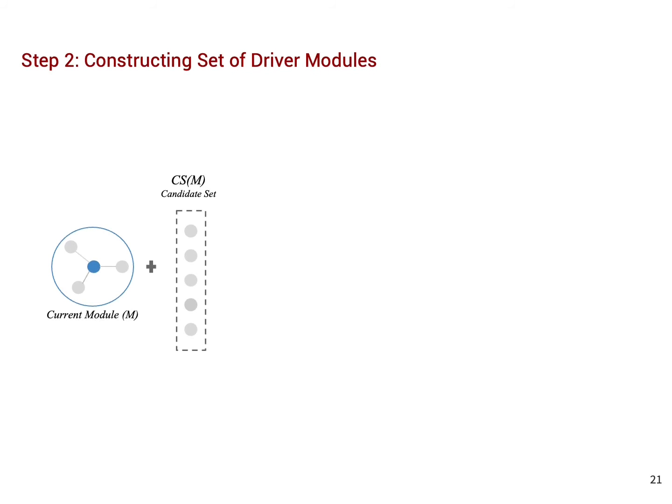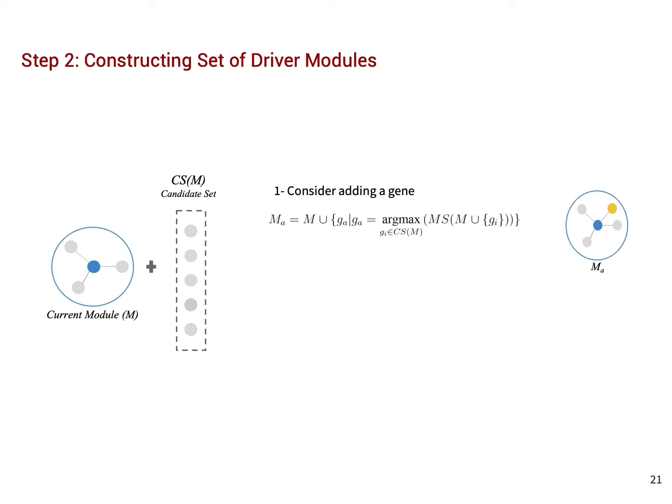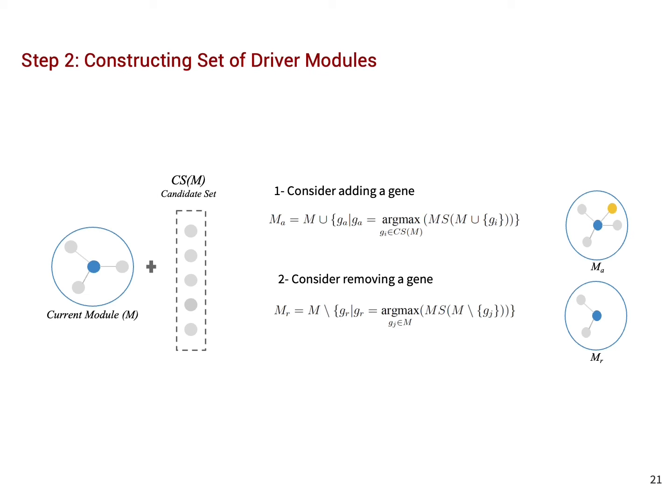So now we have our current module and the candidate set of genes. The first step is to consider adding a gene. We construct this new module M_A by adding a gene such that the MS score is maximized. And the second module is M_R, where we consider removing a gene from the current module such that the MS score is greater.